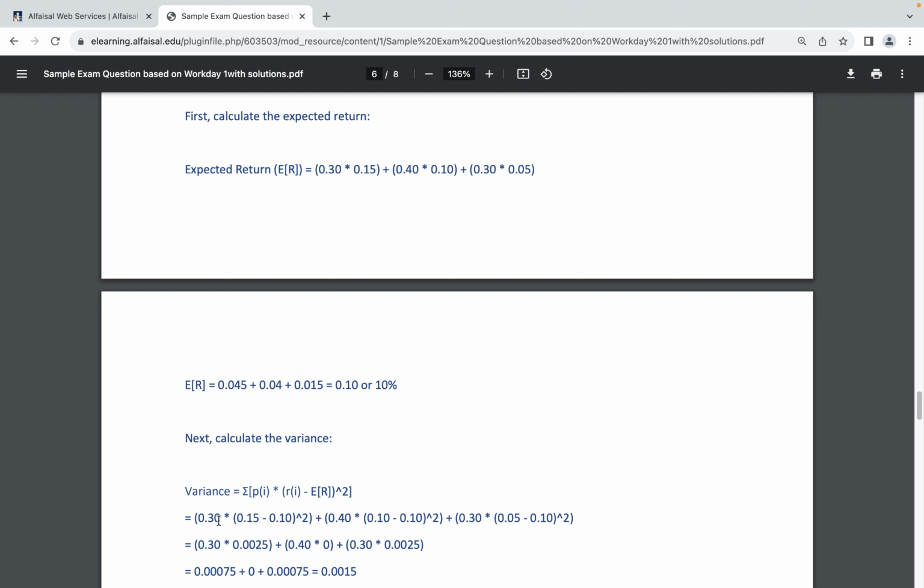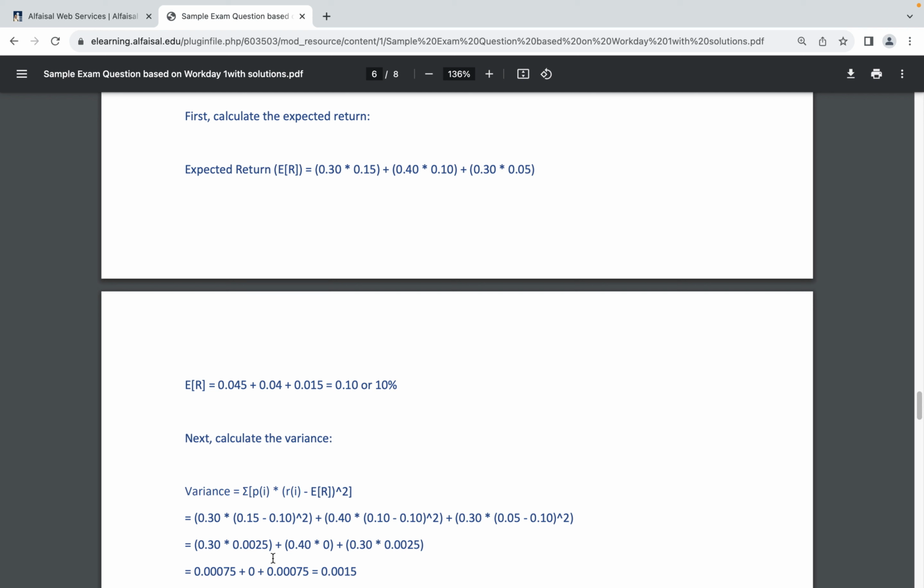Our first one: there's a 30% probability that we're going to get 15%. We minus out our average or expected return, which is 10%, and raise that to the power of 2. The second scenario, 40% probability that we're going to get 10%, we minus out our expected return, raise it to the power of 2. And the 30% probability that we're going to get 5%, minus our 10% out, raise it to the power of 2.